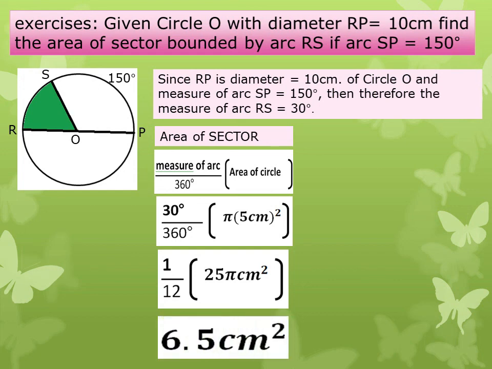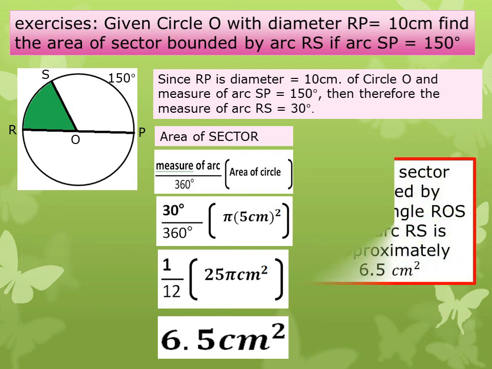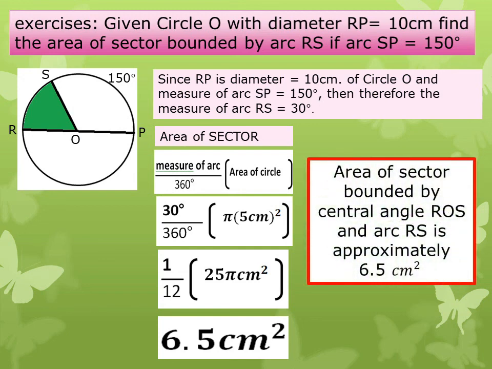Or it is approximately now 6.5 centimeters squared, by multiplying 1 times 25, which is 25 over 12, is 6.5 centimeters squared. So therefore, the area of sector bounded by central angle ROS and arc RS is approximately 6.5 centimeters squared.